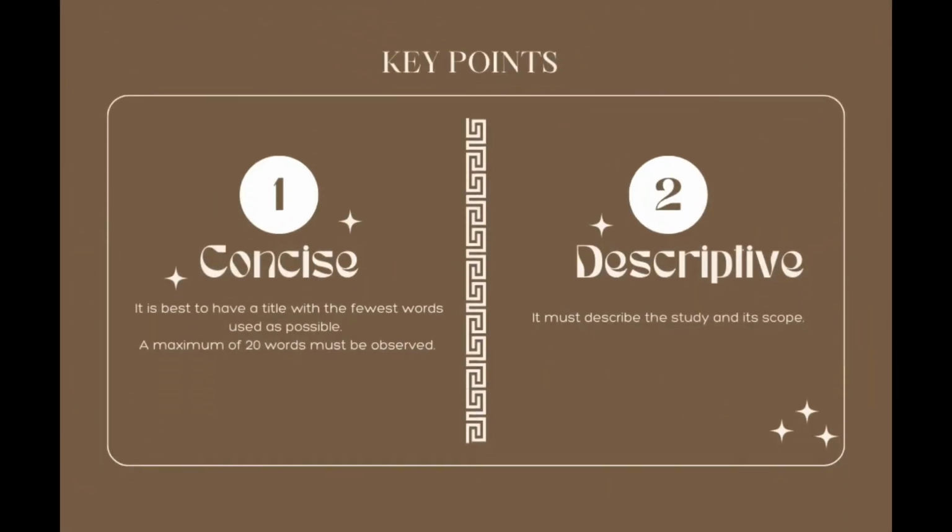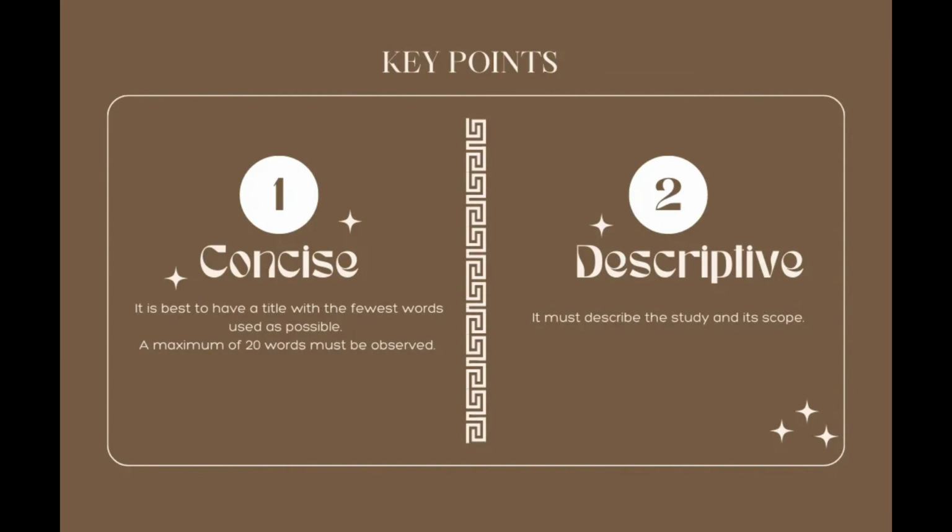So here are some of the key points to remember. Number 1, we have concise. It is best to have a title with the fewest words used as possible. So a maximum of 20 words must be observed. So lahi po kayo super taas kay mong title, no? So need to siya i-shorten, guys.